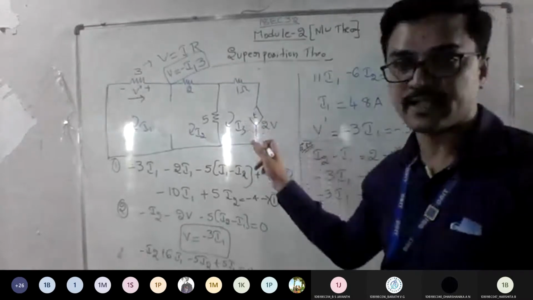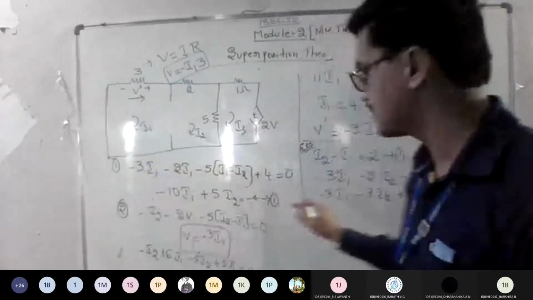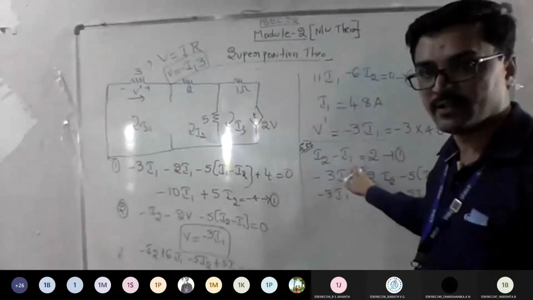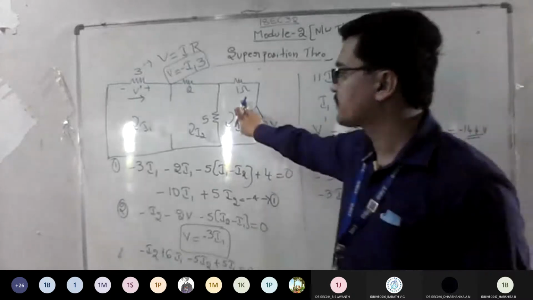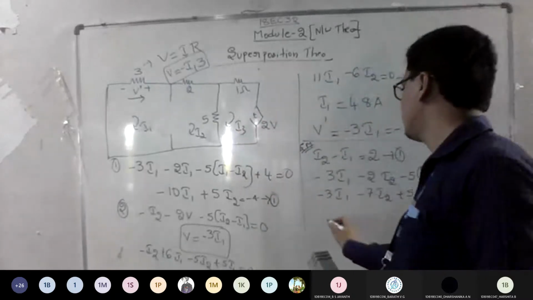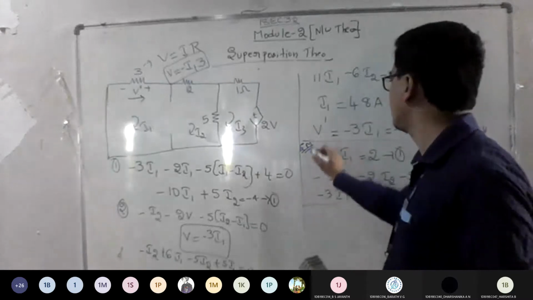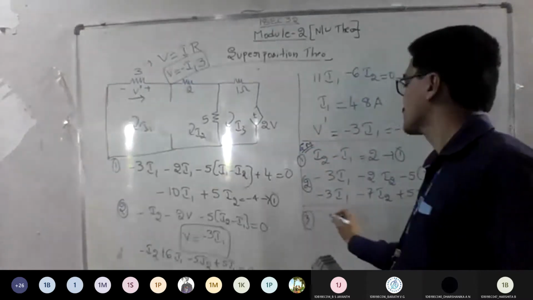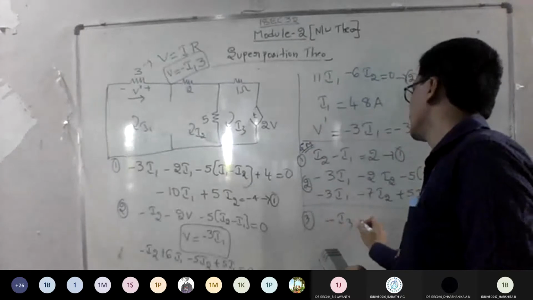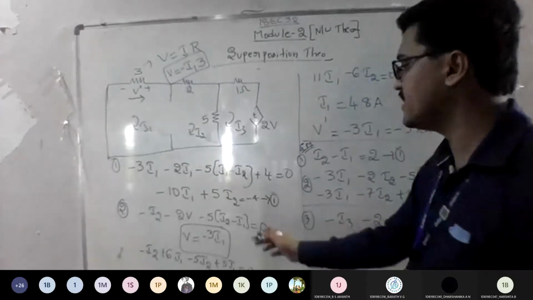See, you get 3 equations and 3 unknowns. The first is the mesh equation after applying super mesh, the second equation, and last is mesh number 3. Apply mesh here, so it becomes minus 3 I1, minus I3 minus 2V. Again, what is V?